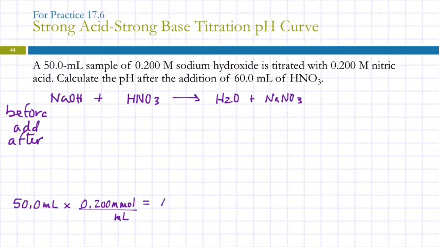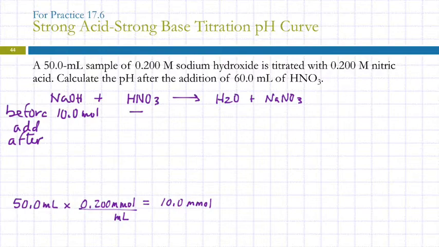So if I multiply these, then I get 10.0 millimoles. If I did it the other way, I'd end up with 0.010 moles. So I've got 10 millimoles of sodium hydroxide, and I'm starting out with no nitric acid.